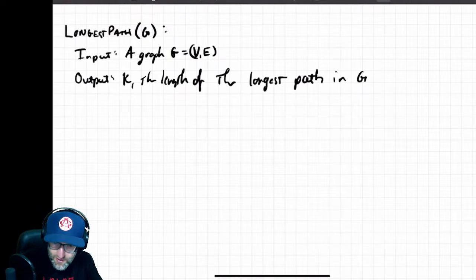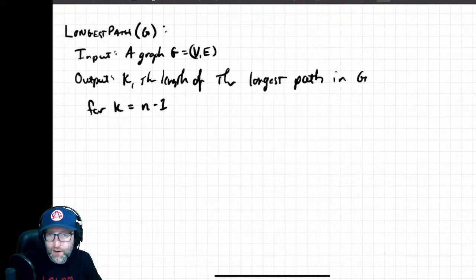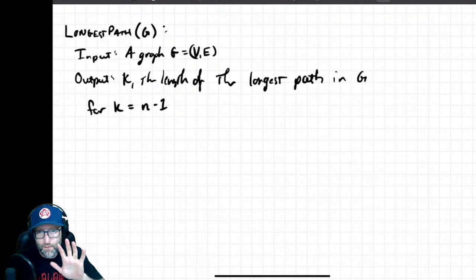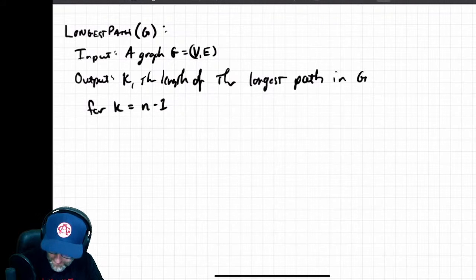So all I'm going to do is a for loop for k running from n minus 1, not n, because there would be n vertices in it, but only n minus 1 edges in it.